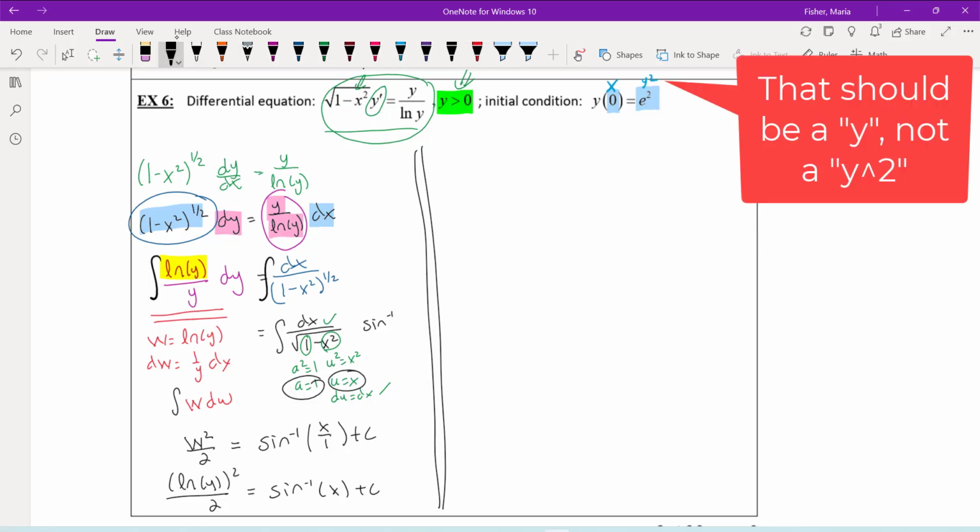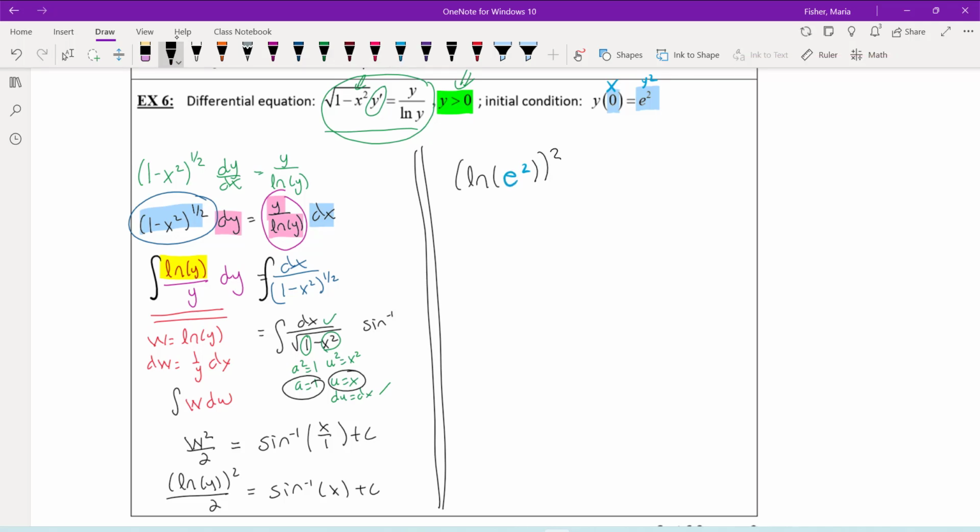So we have the natural log of e squared, quantity squared over 2, is equal to the inverse sine of 0 plus c. Well, here the natural log and e cancel, and this is just 2 squared over 2 equals the inverse sine of 0, which is 0, plus c.